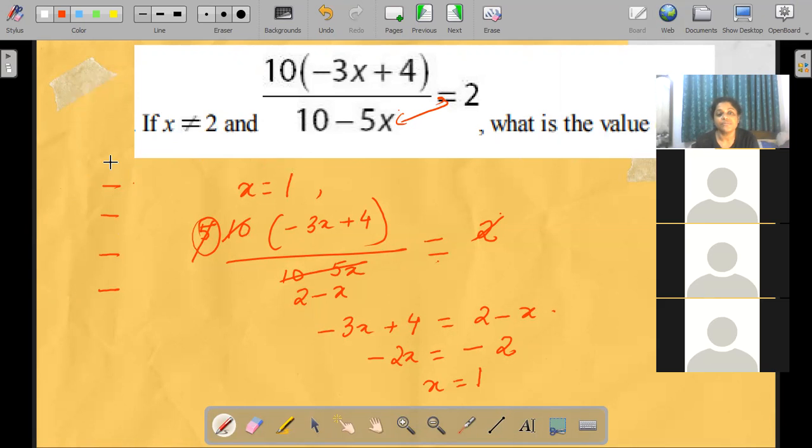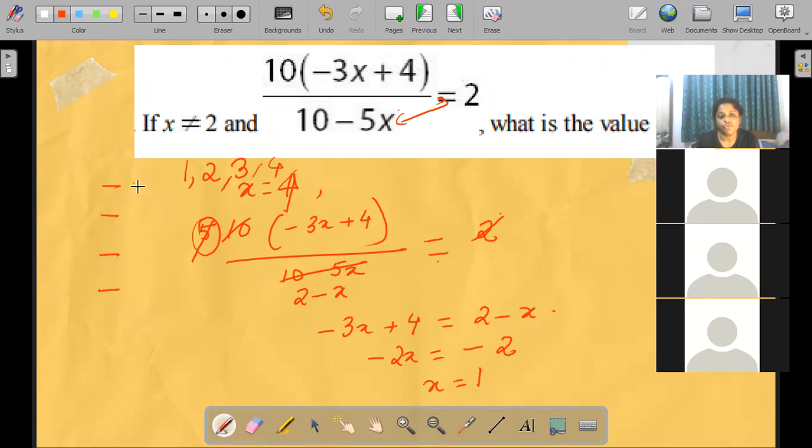But suppose the answer was not 1, the answer was, say, 4. You had to check 1, you had to check 2, you had to check 3, and then you would have gone for 4, correct? Yes, ma'am. So I am not going to invest so much time. The substitution method is only applicable when you have 4 options given to you.